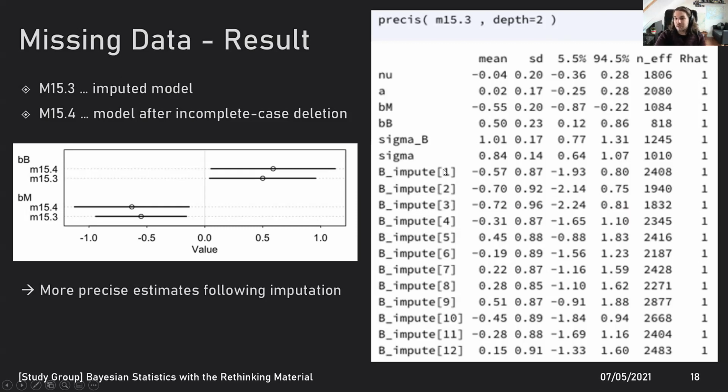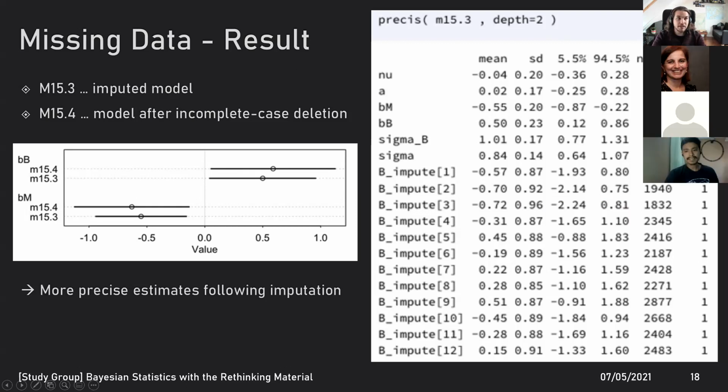As a matter of fact, as you can see, 12 values for B have been imputed. We have just kept information for all of the other variables for 12 records where we just so happened to miss some neocortex percentage value. Which actually brings me to the end of my summary today.